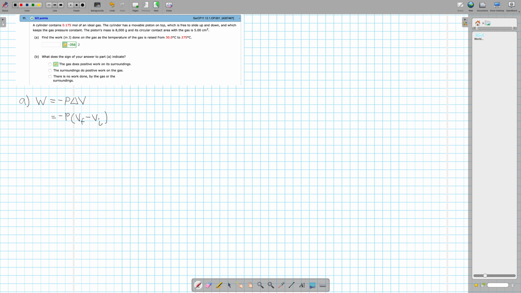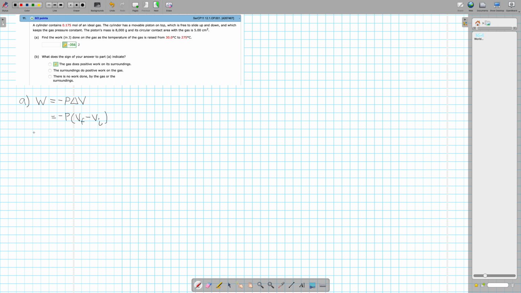So you can say that the force is mg, force divided by area is pressure, and you would have a value for this pressure, and then you could calculate V final and V initial using the ideal gas law. That's one way to do this problem. That probably takes longer than the way I'm going to show you.